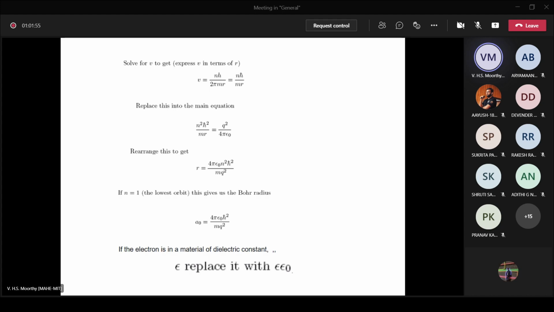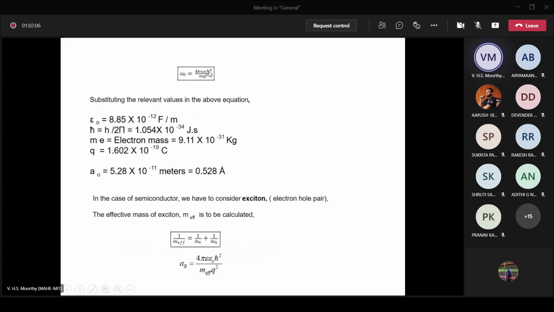I will talk about what a dielectric constant is a few minutes later or tomorrow. So basically we have to replace epsilon 0 with epsilon epsilon 0. So a0 is 4 pi epsilon epsilon 0 h cross square by m q square, where the hydrogen atom or electron-hole pair is in a medium having dielectric constant epsilon.